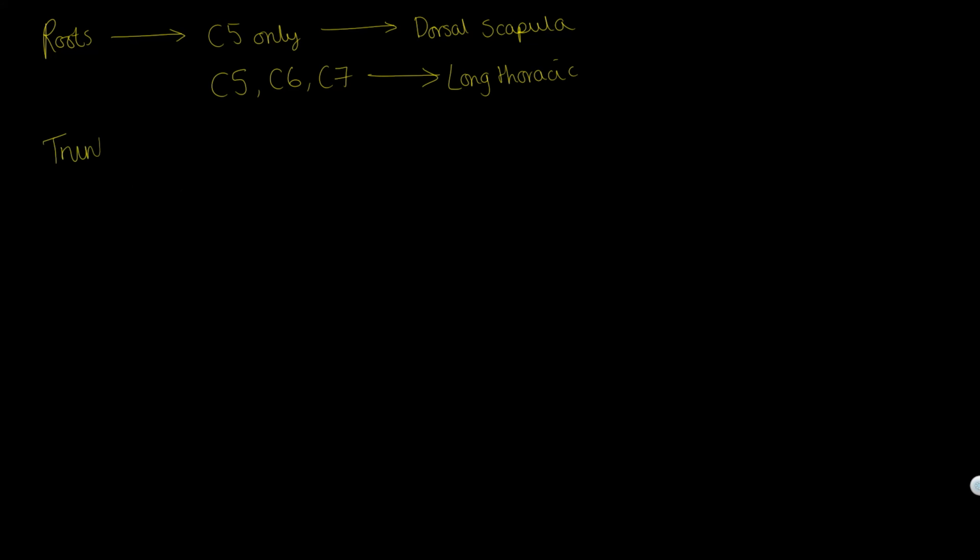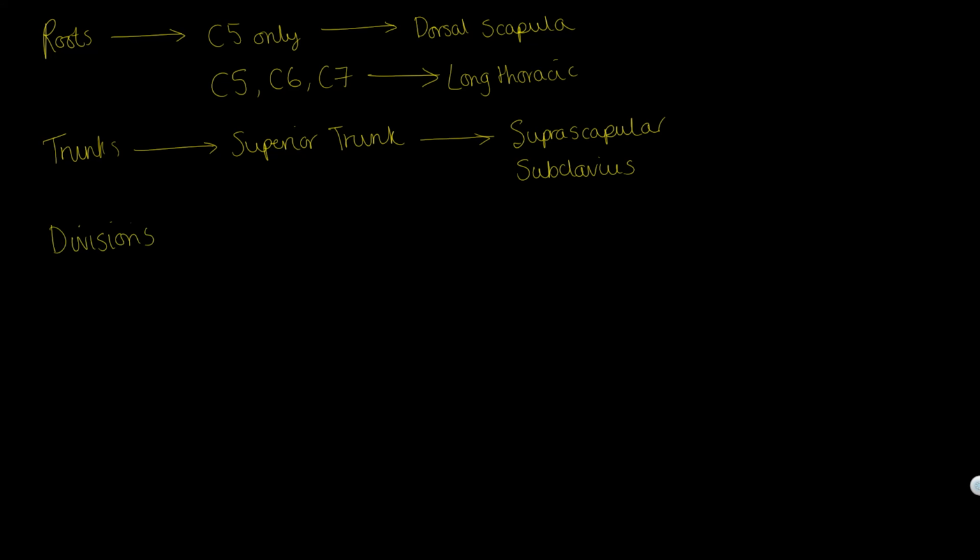The superior trunk is the only trunk to form terminal branches. The suprascapular nerve and the nerve to the subclavius. The divisions form no terminal branches.